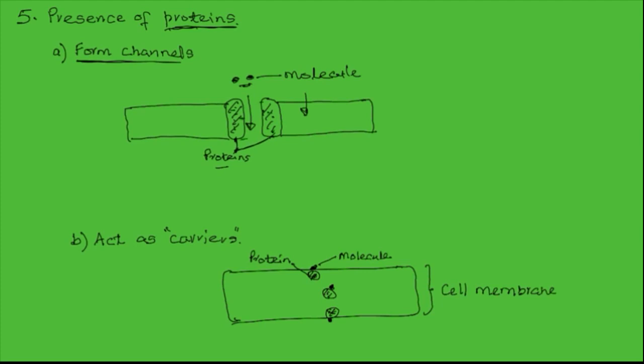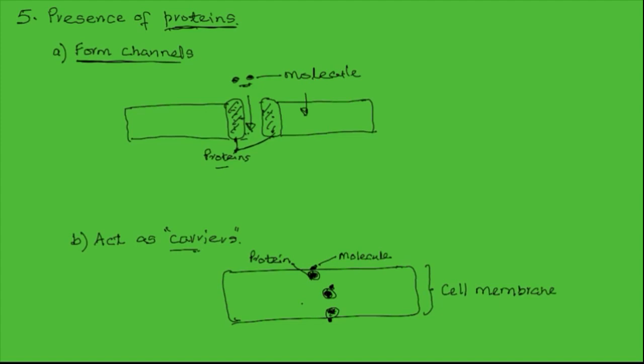Now, the second way in which these proteins facilitate the movement of substances across the cell membrane is by acting as carriers. So they're known as carrier proteins. The carrier proteins are located within the cell membrane. So in each cell, within the cell membrane, there are particular proteins that move back and forth within the membrane, and in the process ferry certain molecules across.